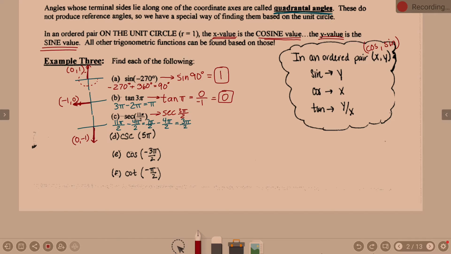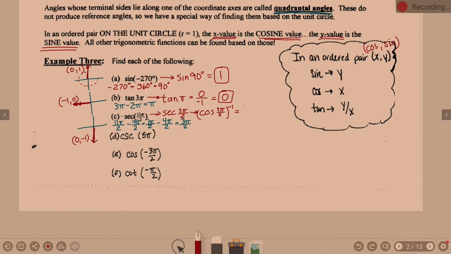Okay, secant. What do you know about secant? It's the reciprocal of cosine. So what would cosine of 3 pi over 2 be? Zero. But I'm going to have to do the reciprocal of it. So what's 0 as a fraction? 0 over 1.